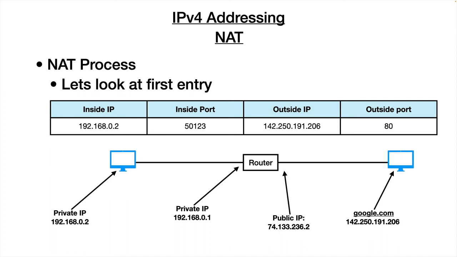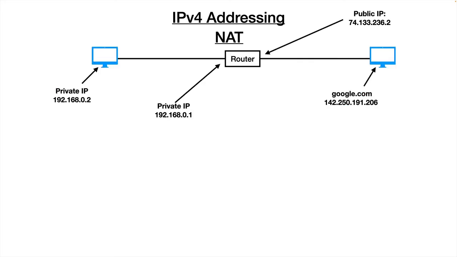You have a machine that has a private IP talking to a router that has a private IP, and it's putting information in its NAT table so that it can communicate with google.com. So I'll show you packet flows related to this. This is the same diagram, just shifted up the page.